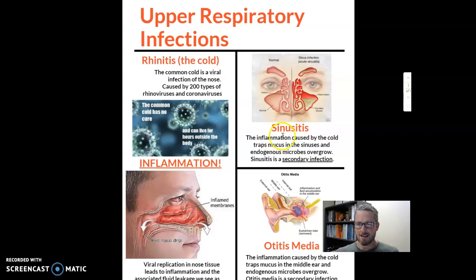So sinusitis is caused by inflammation from the cold that traps the mucus in the sinuses. Our endogenous microbes overgrow, and we've got sinusitis. So I really love this connection because it demonstrates the secondary infection nature of sinusitis. Can't get sinusitis without the cold first. If we prevent the cold, we can often prevent sinusitis.